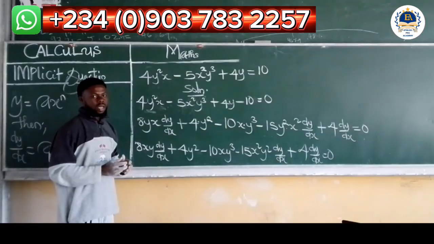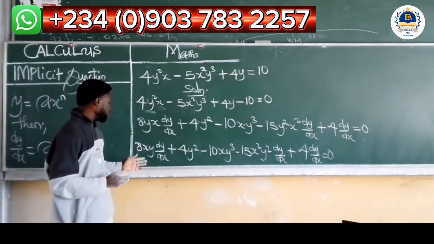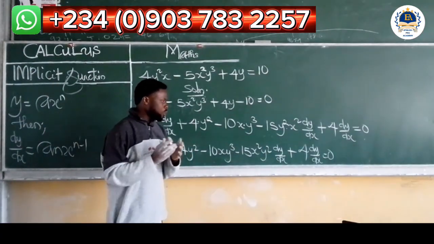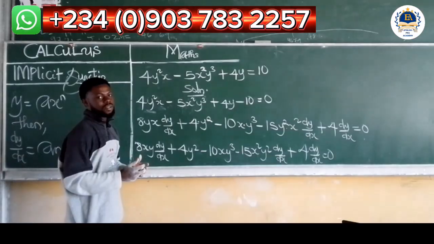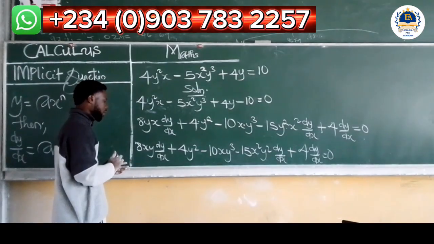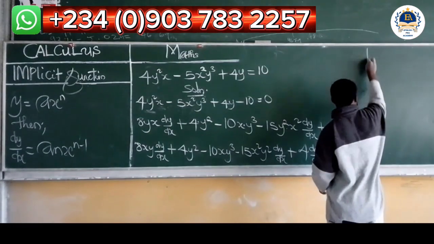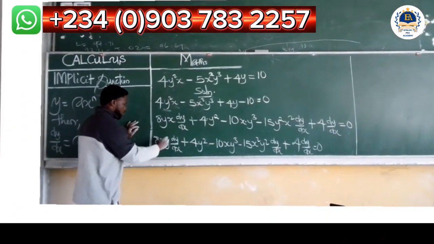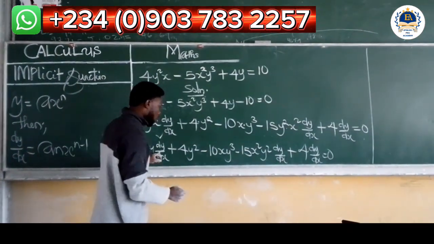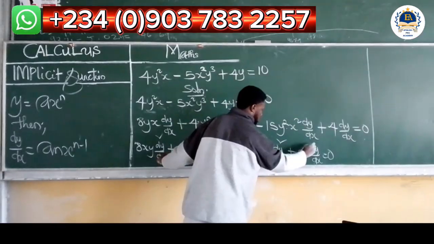Now let's put the derivative of the x terms in one bracket and also the derivative of the y terms in another bracket. So from y we have y term 1, y term 2 and y term 3.